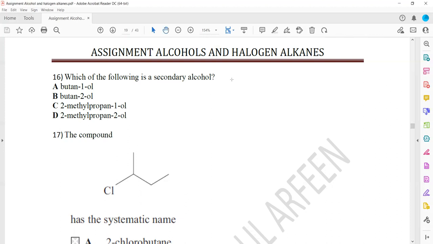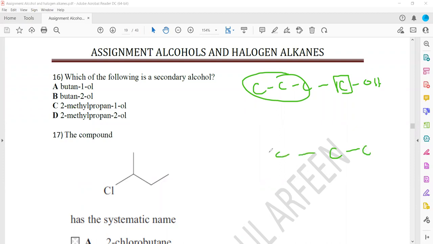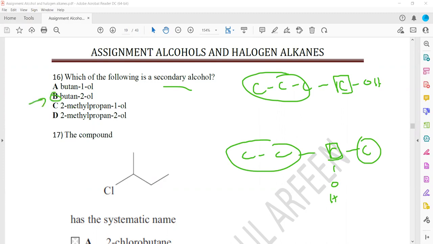Butan-1-ol means four carbons, and OH is attached to the first, so it is primary because the carbon attached to OH has one carbon chain. Butan-2-ol means four carbon atoms with OH attached to the second carbon, so it has two carbon chains and is secondary. That's why B is the right answer.